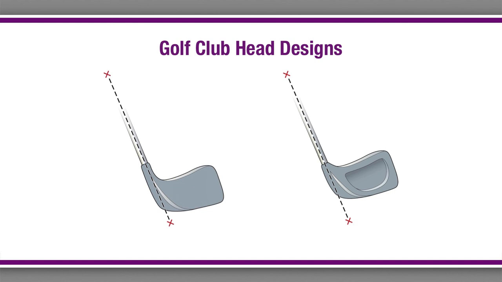So one thing that's interesting specifically with golf is how they have changed club head design to give, especially amateur and leisure golfers, a little bit more of an advantage with the game.